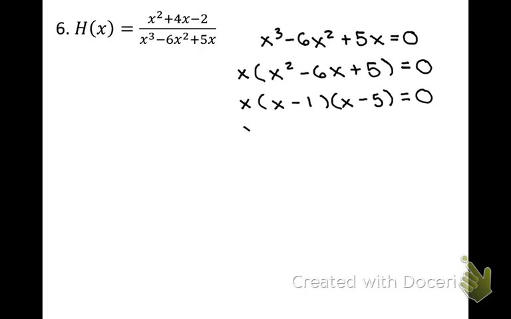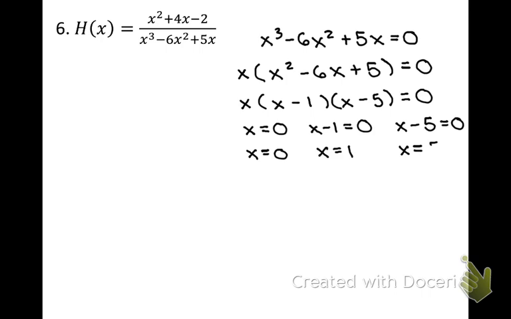All right, let's set each factor equal to 0. And this is going to give me 3 solutions. I get x equals 0, I get x equals 1, and I get x equals 5. Now again, keep in mind that these are the numbers that I cannot have because if I plug them in, they are what makes my denominator 0.